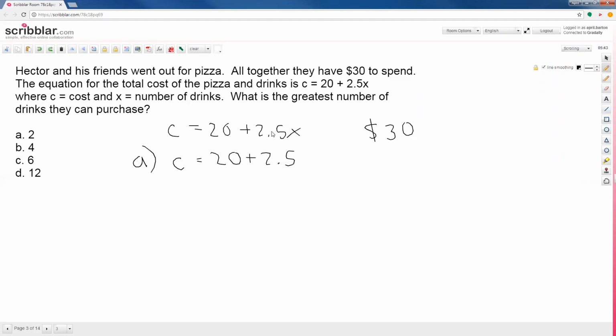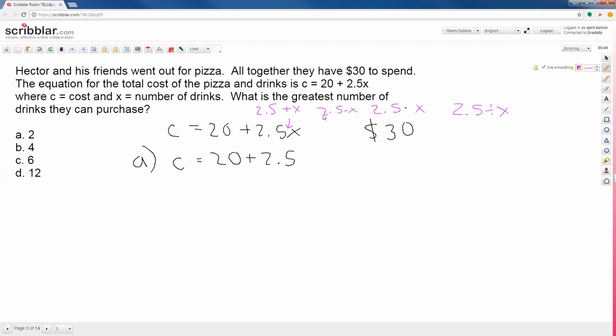And when we have that 2.5 next to the x, there's something going on here that they don't have written. Is this 2.5 plus x? 2.5 minus x? 2.5 multiplied by x, or 2.5 divided by x? What actual math operation is going on here?